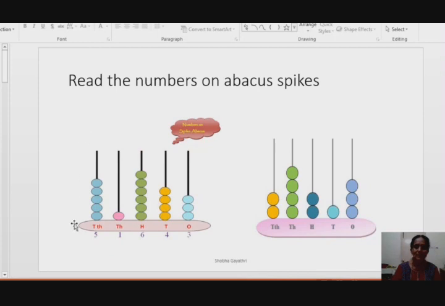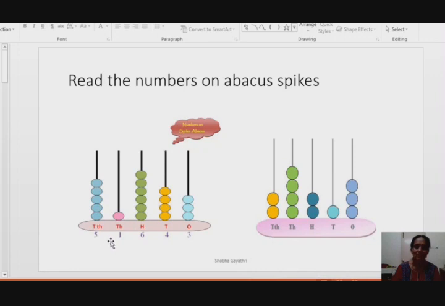How many places are here? 5 places are here. There are 3 blue beads on the ones spike. It is the 10 spike, tens place. There are 4 yellow beads, and there are 6 beads in hundreds place. Only 1 bead in thousands place. 5 blue beads in 10,000 place.